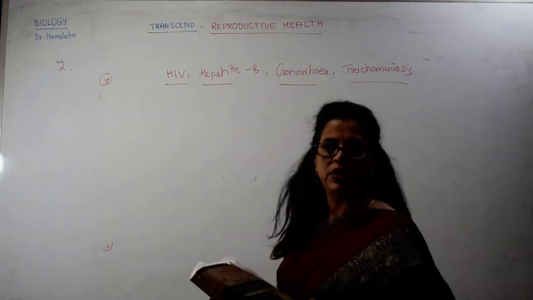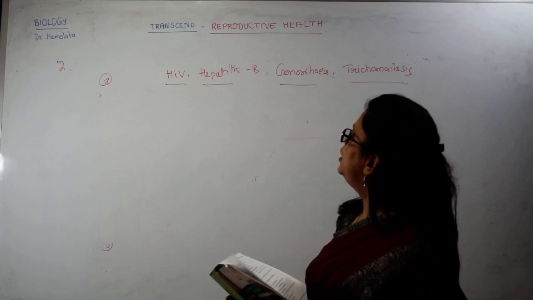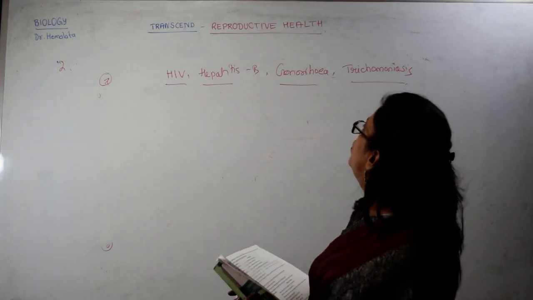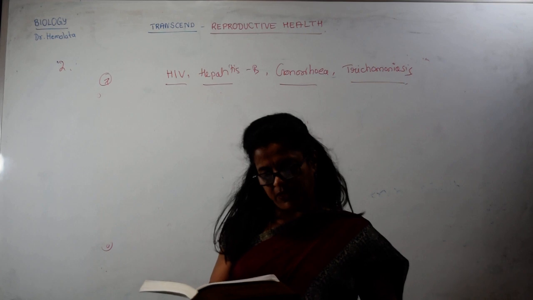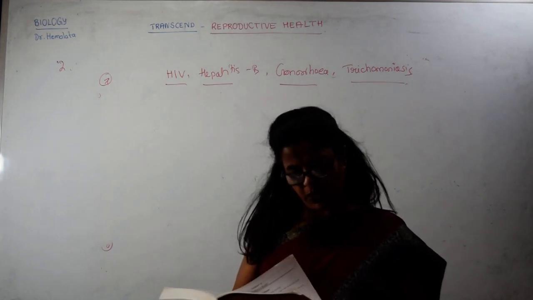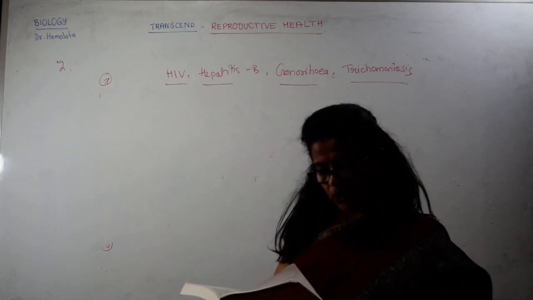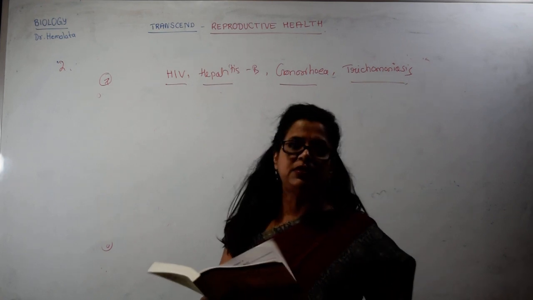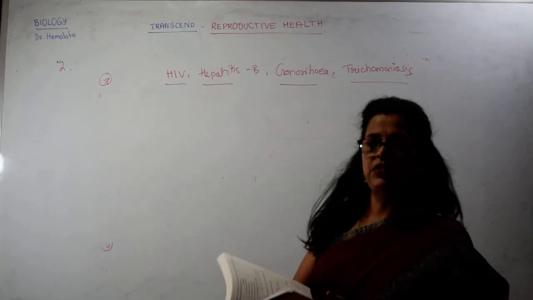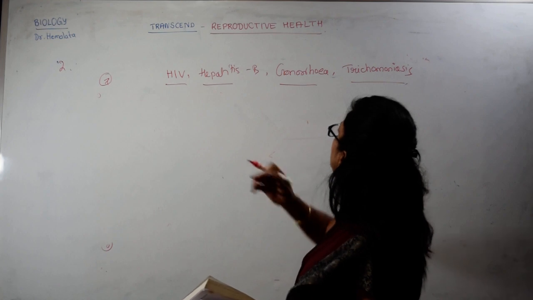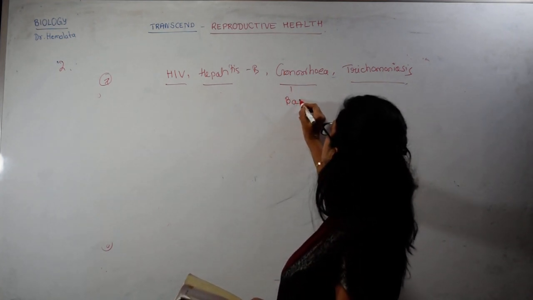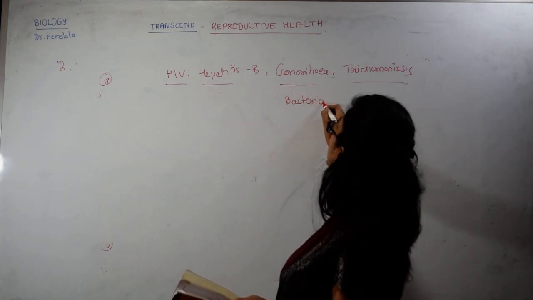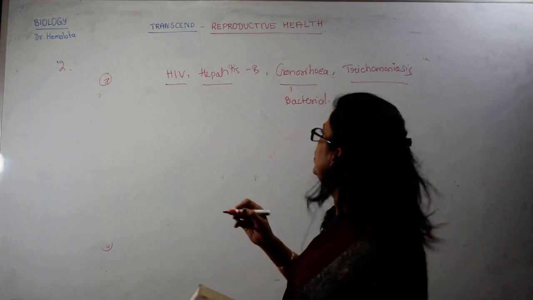So the first option is wrong, because HIV is an STD, hepatitis B is an STD, gonorrhea is also a sexually transmitted disease. So the first option is ruled out. The second option says gonorrhea is a viral disease whereas others are bacterial. It is 100% wrong because gonorrhea is a bacterial disease caused by Neisseria gonorrhoeae.